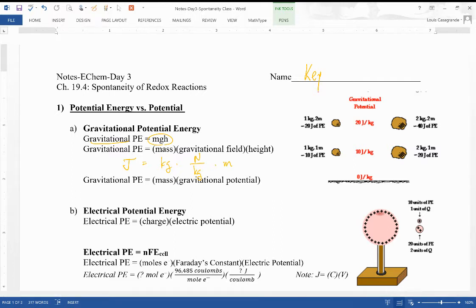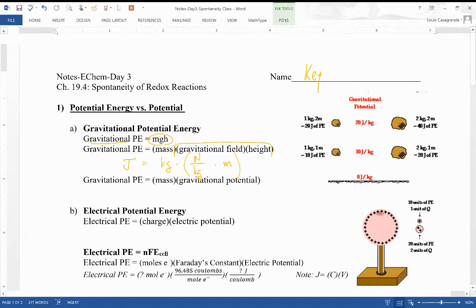If we group the last two of these, the gravitational field and the height, this is going to give us a gravitational potential.